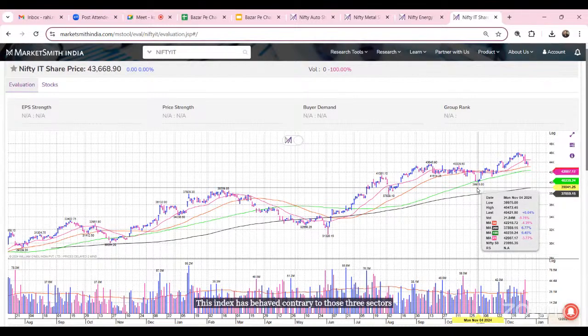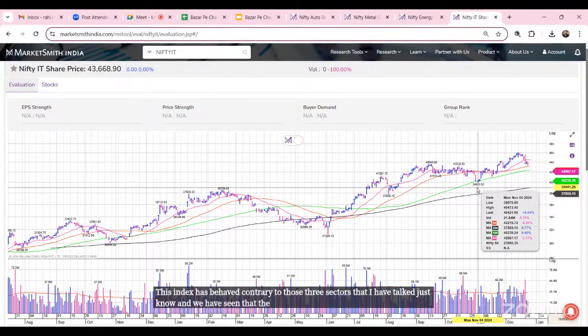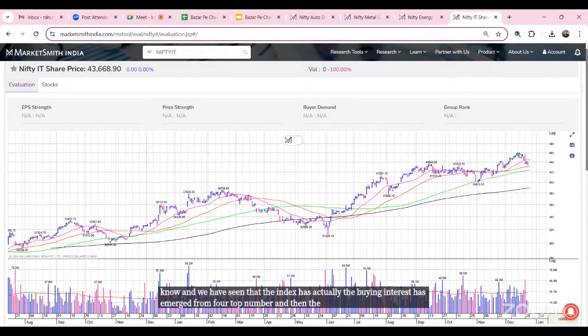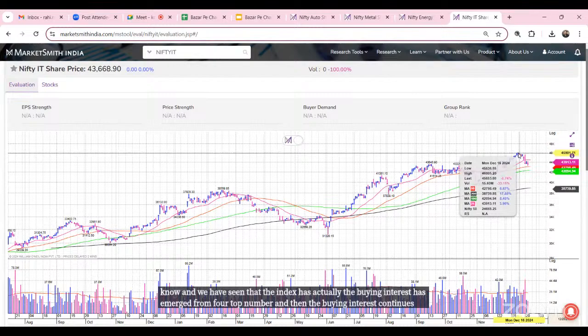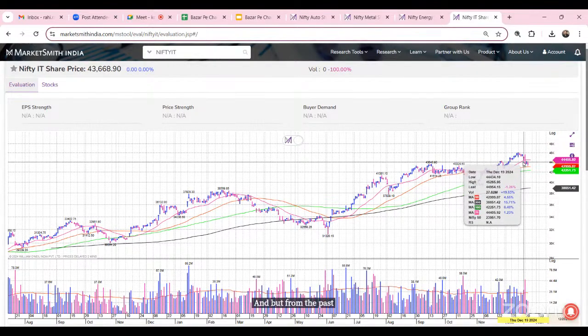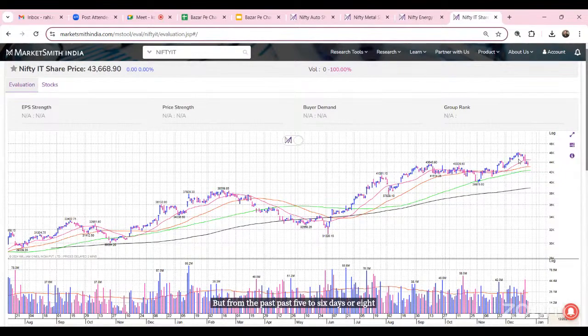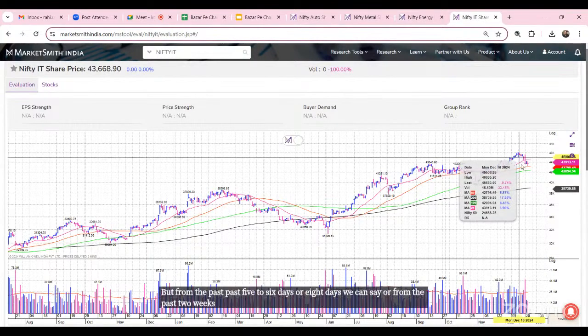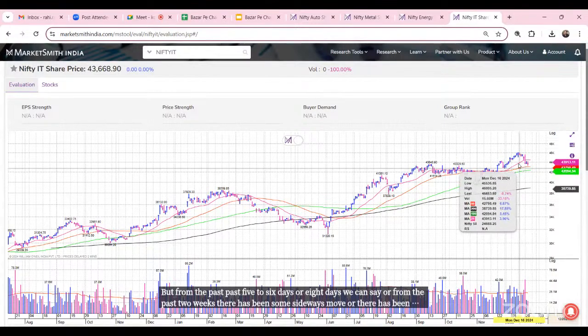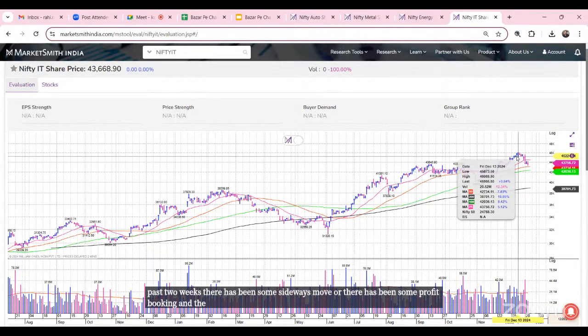We have seen that buying interest emerged from 4th of November, and the buying interest continued for almost 1.5 months. But for the past 5 to 6 days, or 8 days, or the past 2 weeks, there has been some sideways move or some profit booking, and the index has also reached its all-time high, around the 46,000 level.